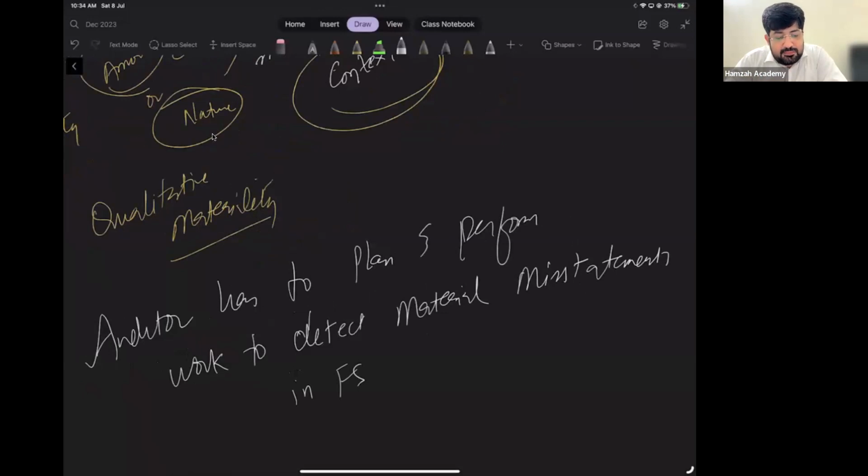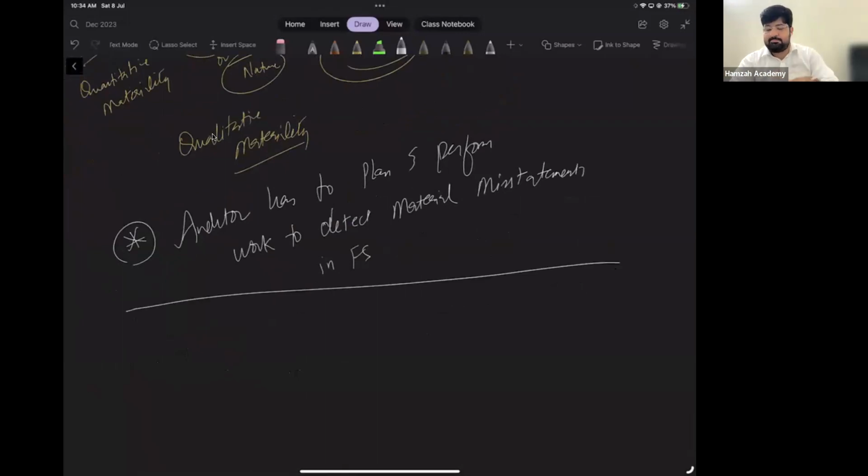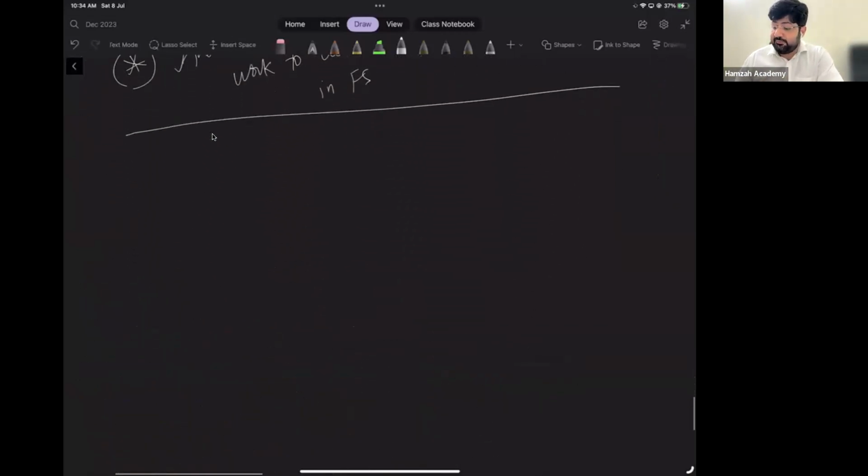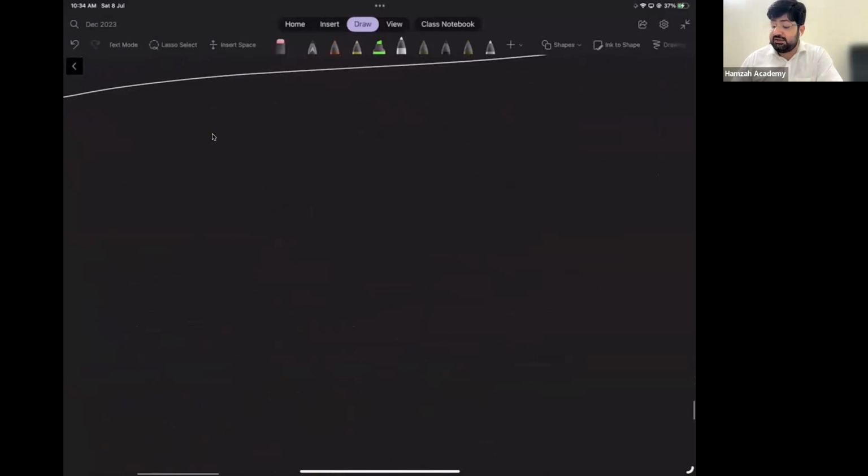Yes. That's why the auditor's report is also about materiality. Is the word material clear, Rakshanta?